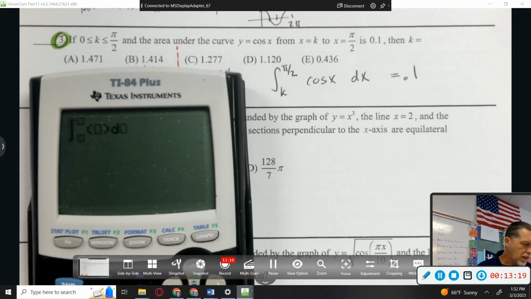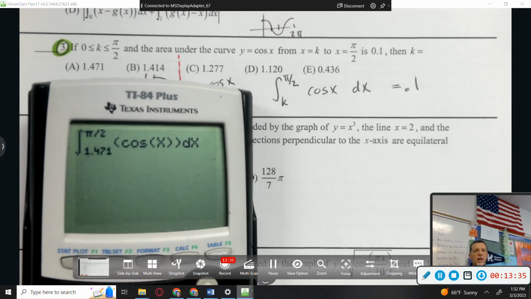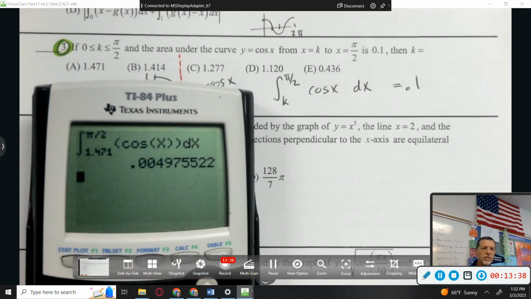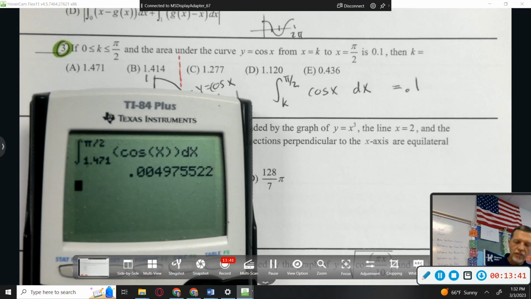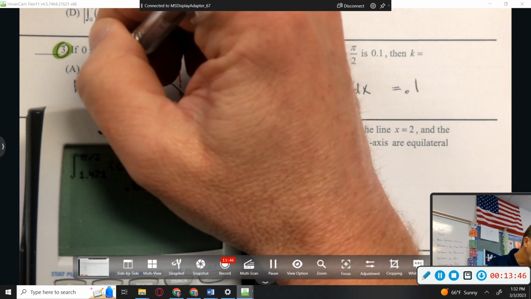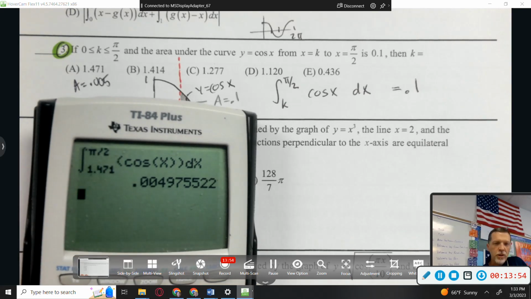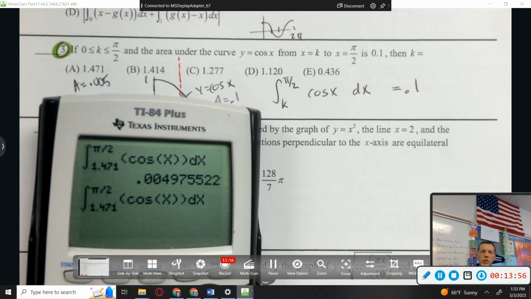So Math 9, integral from 1.471 to pi over 2 of cosine of x dx. So this really isn't that hard to check with my different k's. So that area is 0.005, so that's not it. All right, and you guys know that second entry will copy down the last entry.